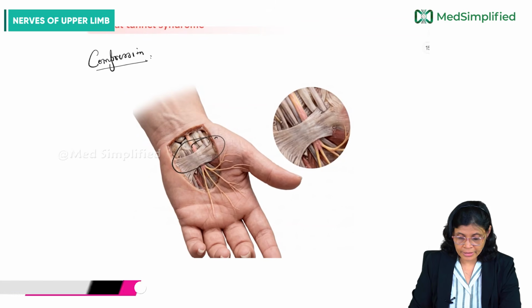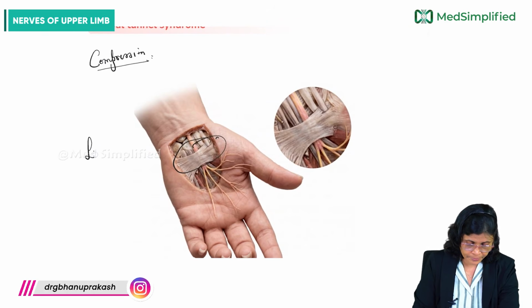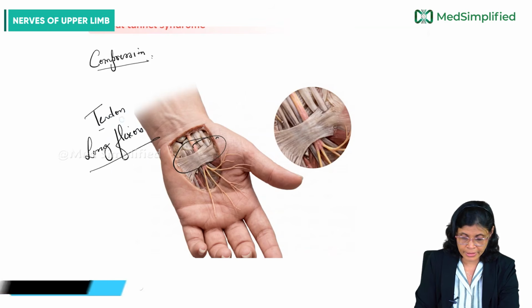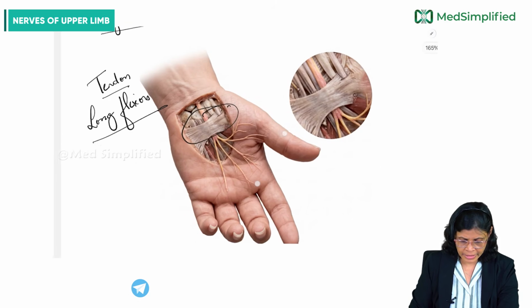So in this carpal tunnel, along with the median nerve, we have the tendons of all the long flexors. So this median nerve can get compressed in this tunnel due to its narrowing. This carpal tunnel gets narrowed because of many conditions.